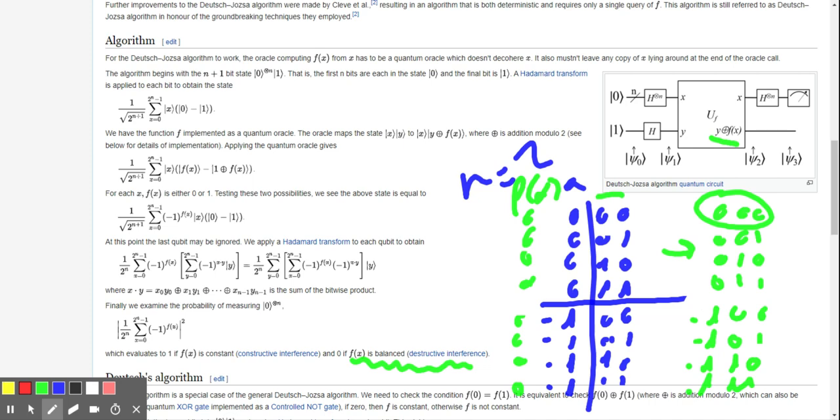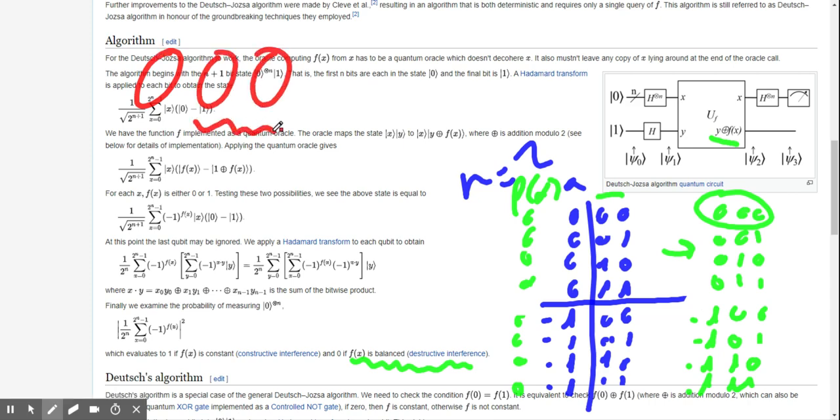So if I would apply a Hadamard in here, right? And I'm going to write on that. So there's 0, 0, 0, and I apply a Hadamard to those two in here. So I'm basically getting all the possible combinations, right? 1, 0, 1, 1.